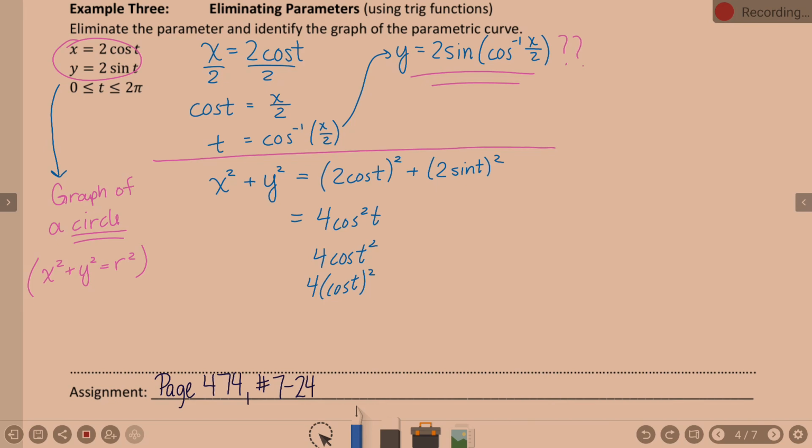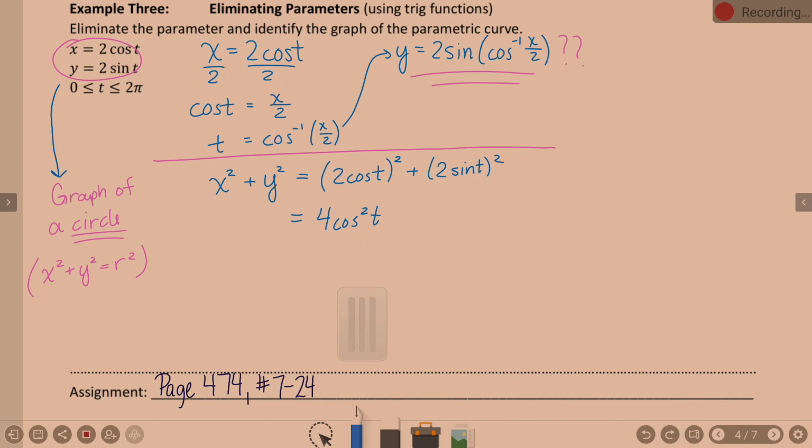So we can't use that one. Now this one you could do because the squared is on the outside of the parentheses. So is the t squared? The t is not squared. It's cosine that's squared. It's cosine t times cosine t. So it's the cosine, the function, that's squared. Okay?